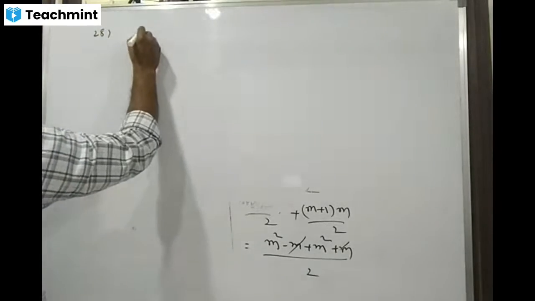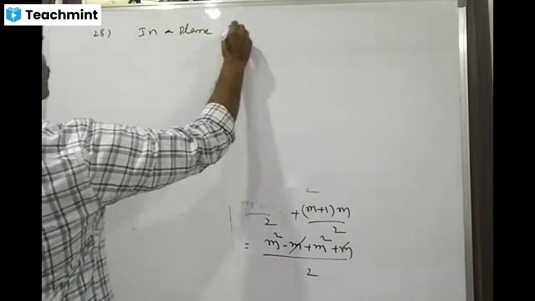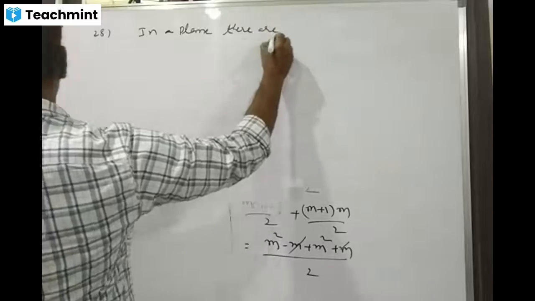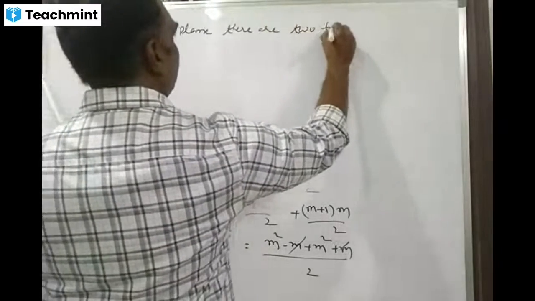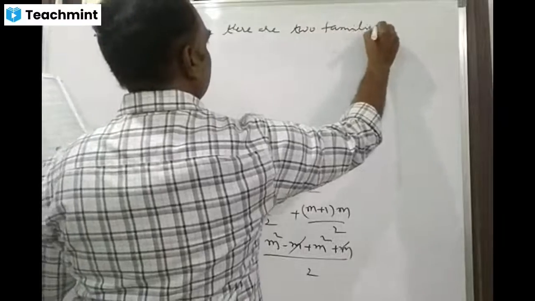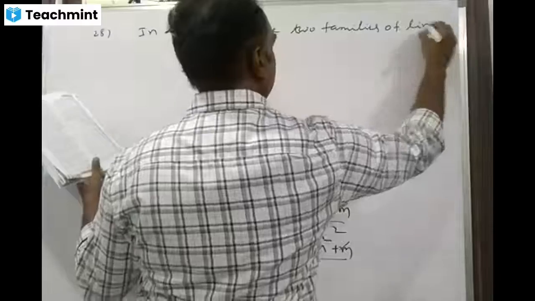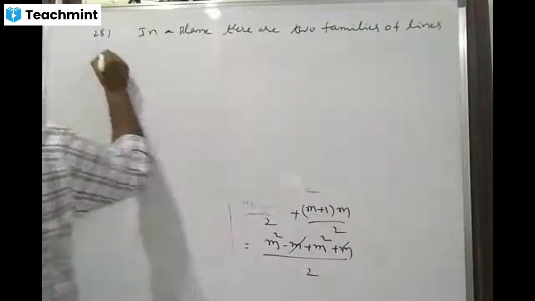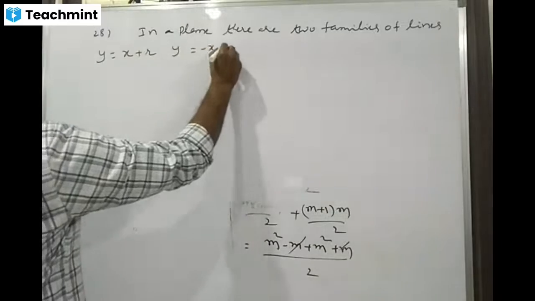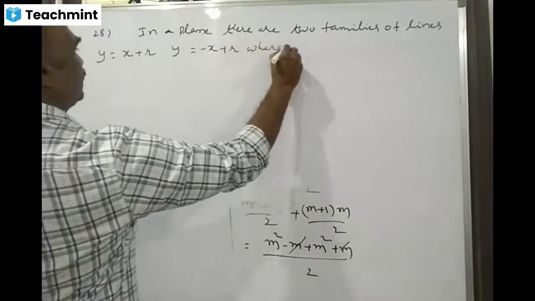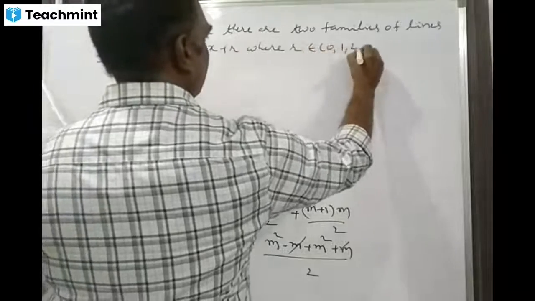In a plane, there are two families of lines, y is equal to x plus r, y is equal to minus x plus r, where r belongs to 0, 1, 2, 3, 4.